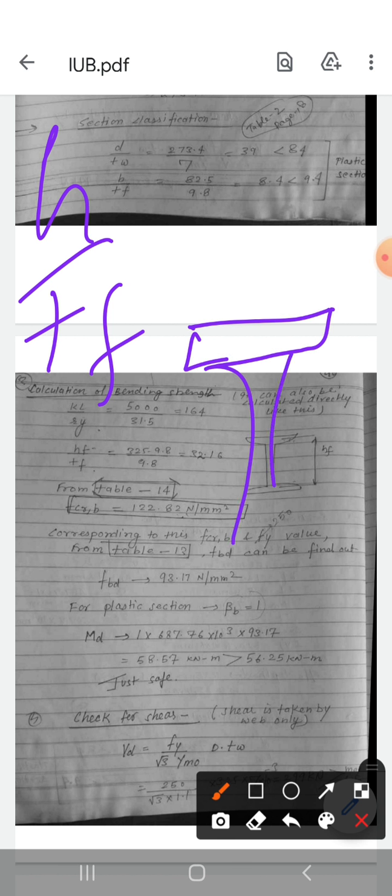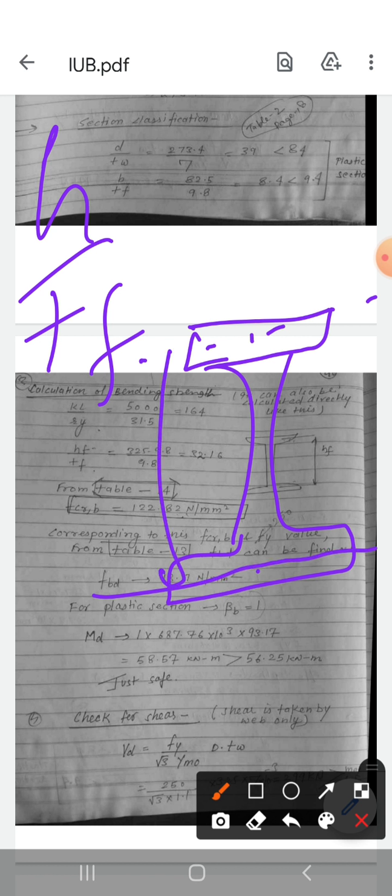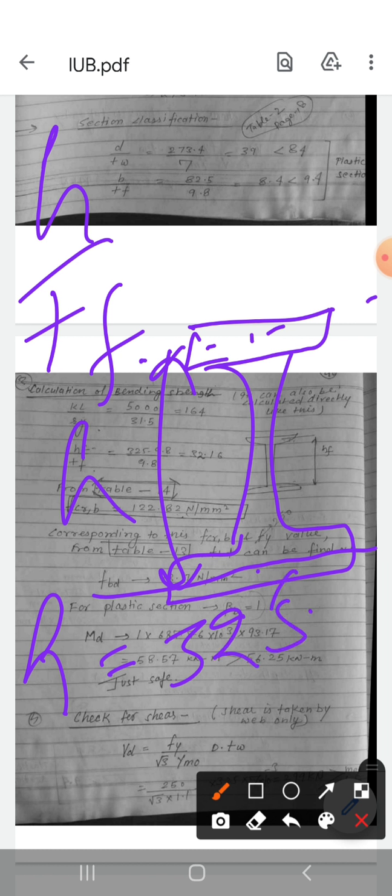If this is a rolled steel section, then the distance between the center of the top flange and the center of the tension flange is called h. So total depth is 325 and the thickness of flange is 9.8. So you will calculate the h value as 325 minus 9.8 divided by 2 minus 9.8 divided by 2.